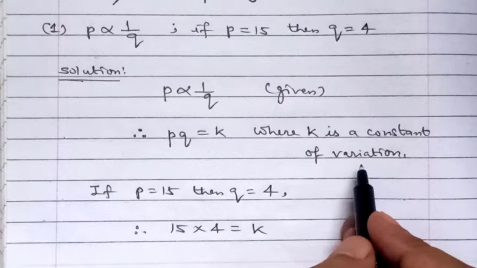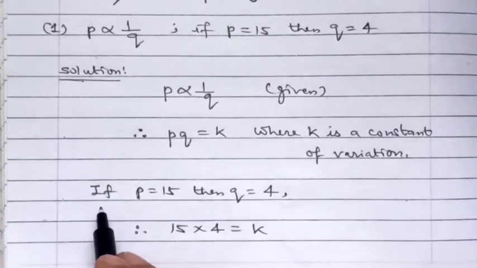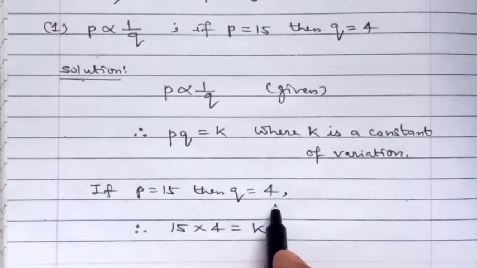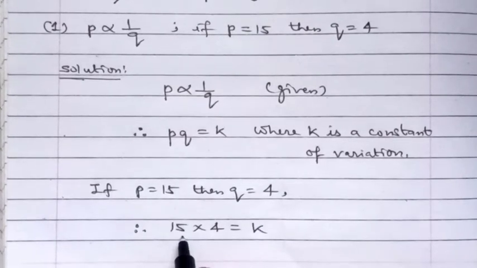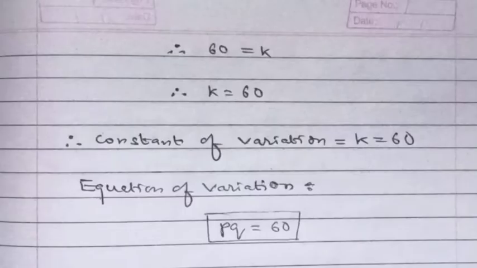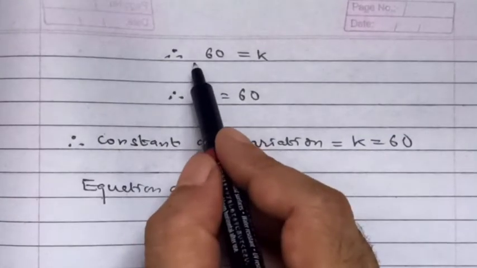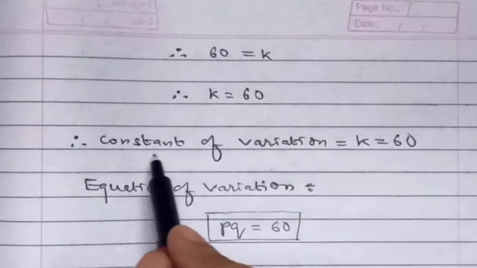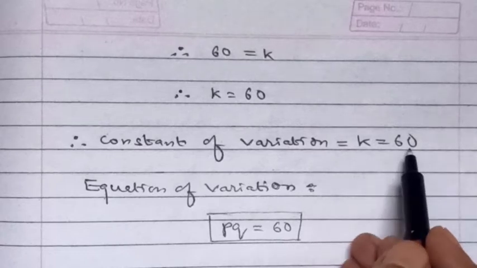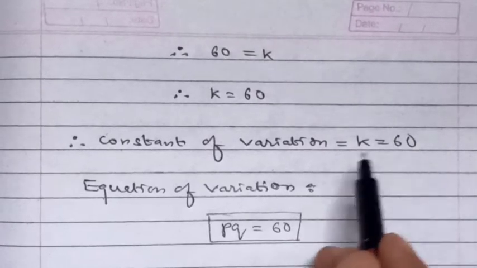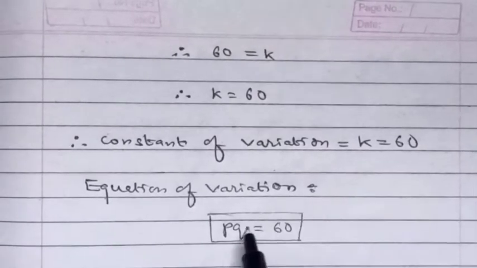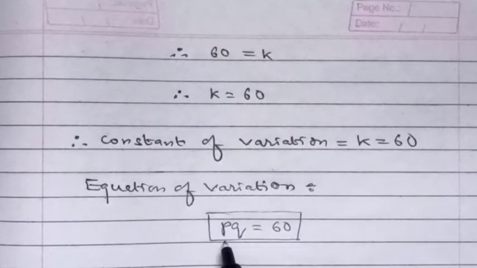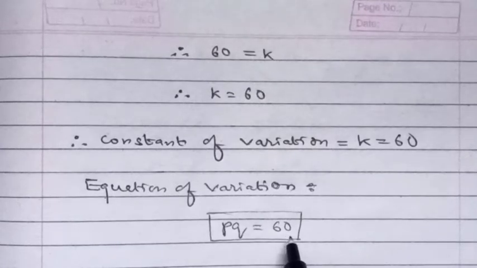Note that K is non-zero. If P is 15, then Q is 4, as given. So put the values: 15 into 4 is equal to K. Therefore 60 is equal to K. That means the constant of variation K is equal to 60. Now the equation of variation is PQ equal to K. Therefore PQ is equal to 60.